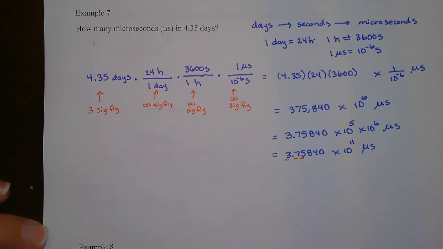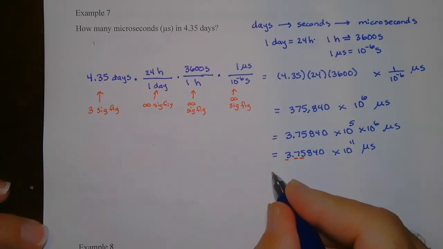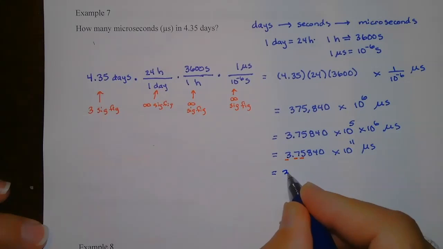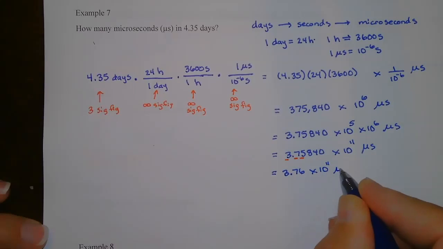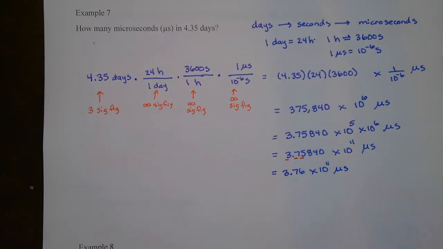So I need to look at the 4th significant figure, 8. And that 8 tells me that's closer to 10, so I'm going to make this 5 become a 6. So this is 3.76 times 10 to the 11th microseconds. And that's how you would do that problem.